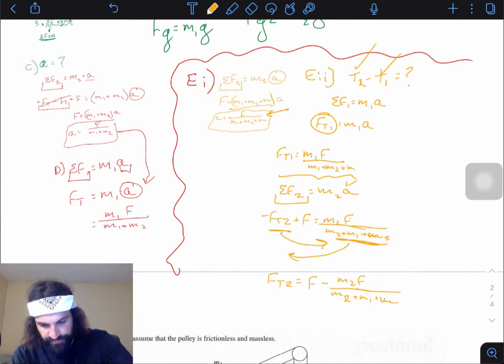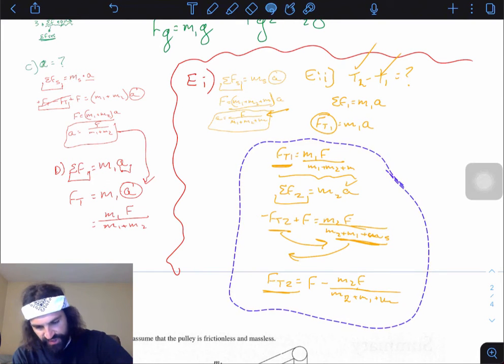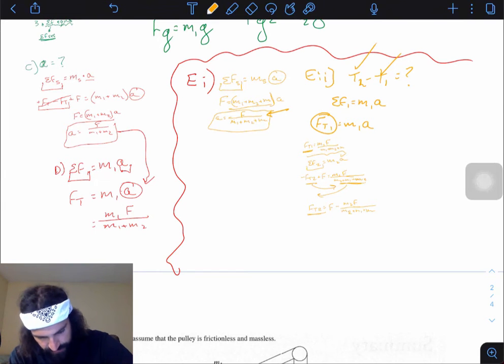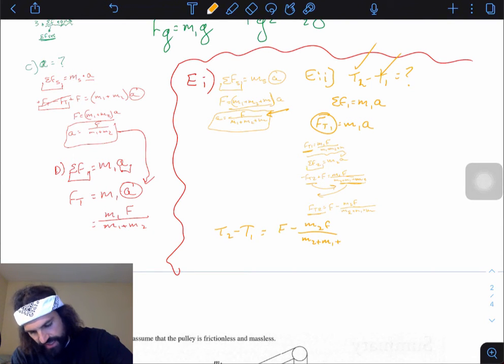So now we have tension 2, and our final answer is, hey, tension 2 minus tension 1. So I'm going to take both of those values and subtract them from each other, which would be F minus m2F over total mass, m2 plus m1 plus m, minus tension 1, m1F over m1 plus m2 plus m.